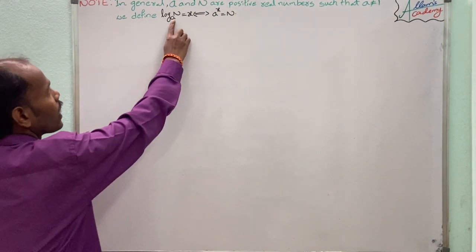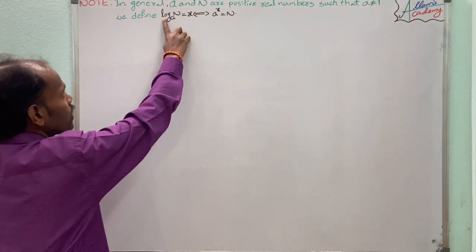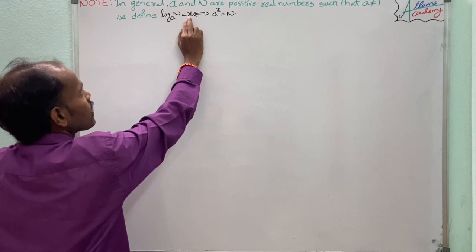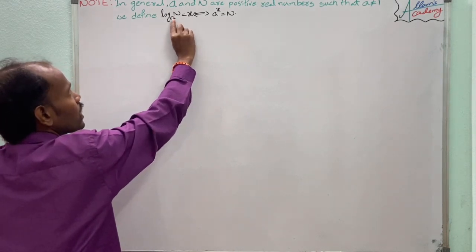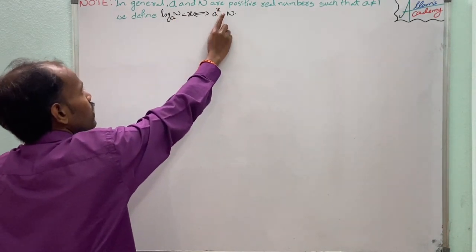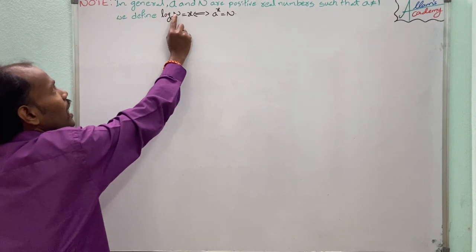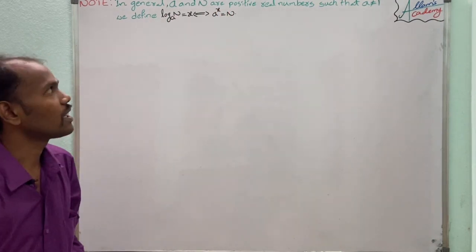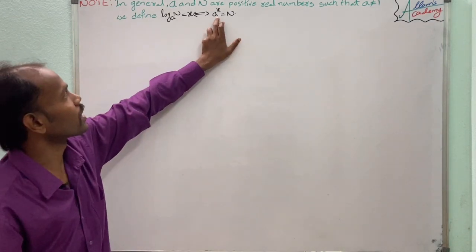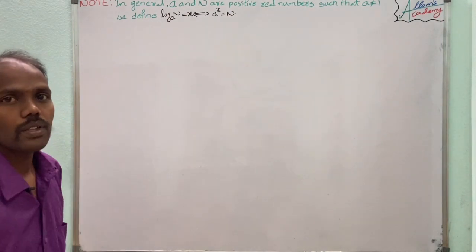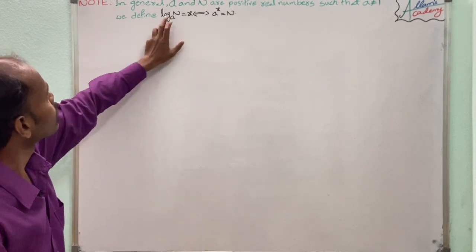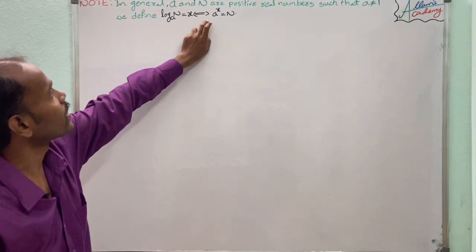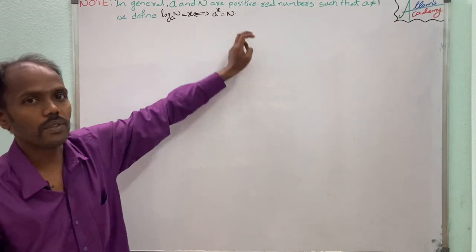That means the base of the log is also the base of the exponent, and the result of the log is the exponent: a power x equal to n, where n is the value written after log.